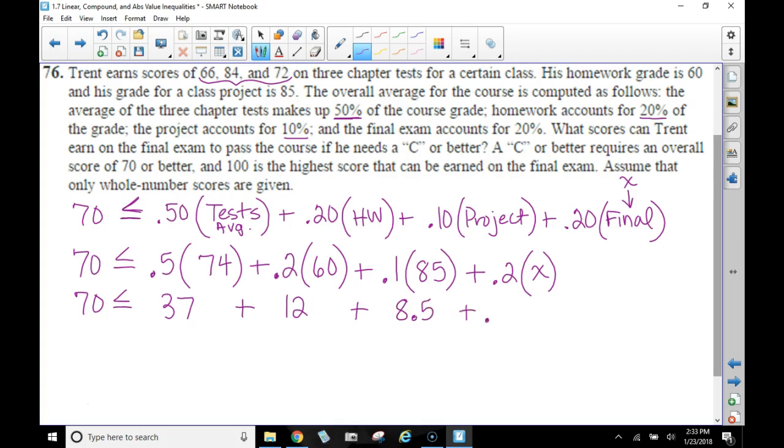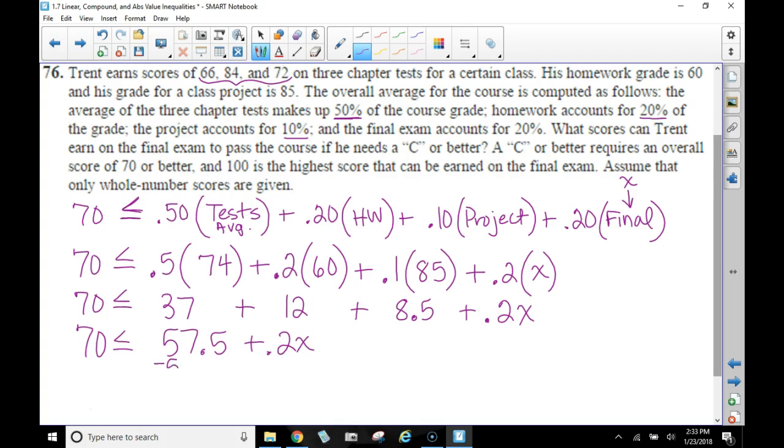Then we have plus 0.2 times x. All right, so when we add up 37 plus 12 plus 8.5, we get 57.5. And then let's bring down the plus 0.2x.